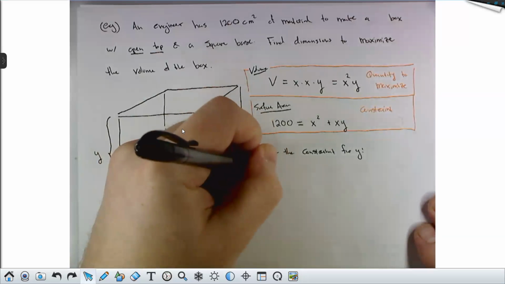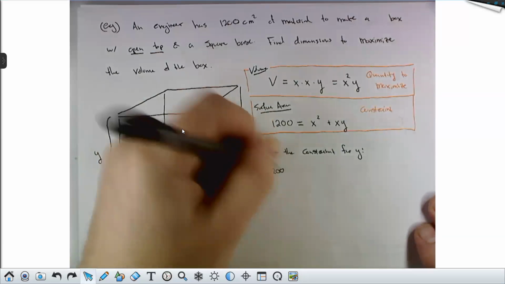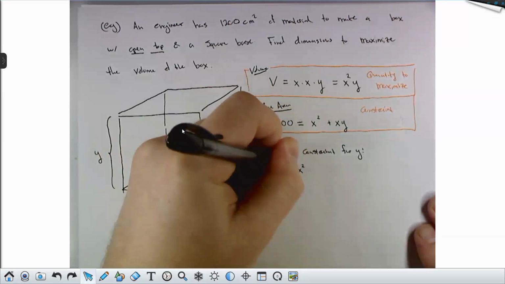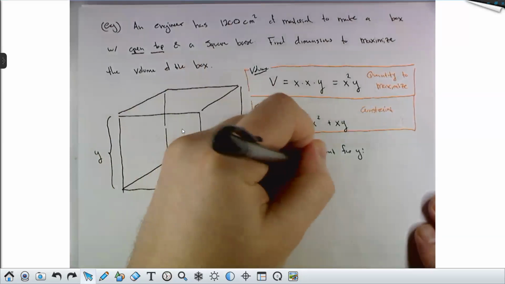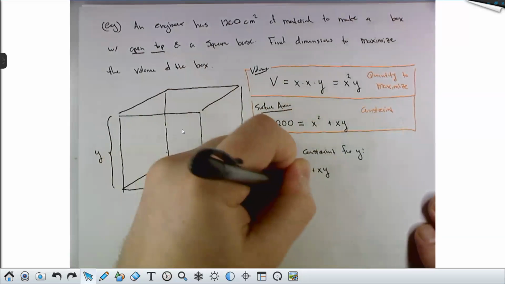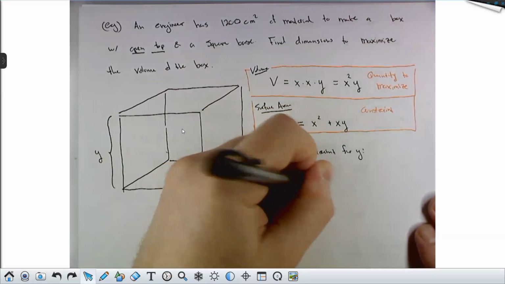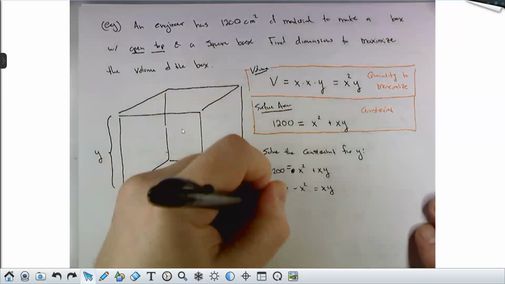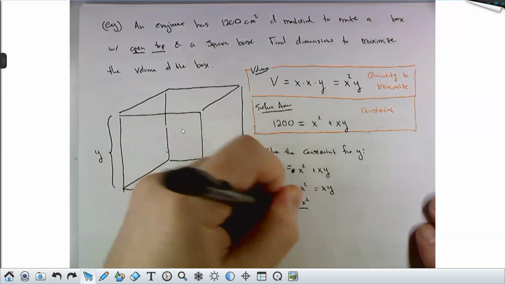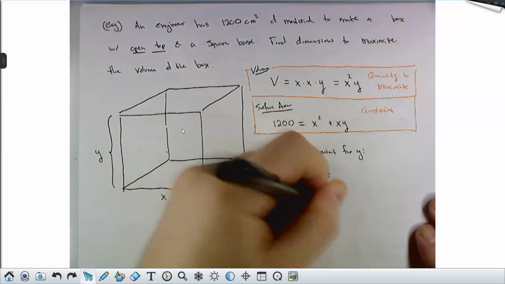So that's the same. I'm sorry, 1200 equals x squared plus xy. So 1200 minus x squared equals xy. So 1200 minus x squared over x is equal to y.